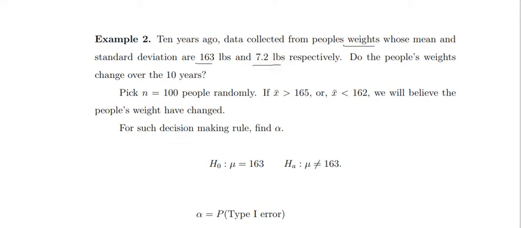This standard deviation comes from our record from 10 years ago, so this is information about the population. We say mu is 163, sigma is 7.2. We want to check whether people's weight has changed.